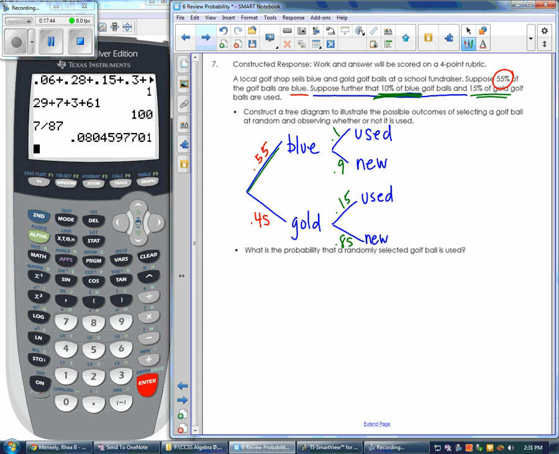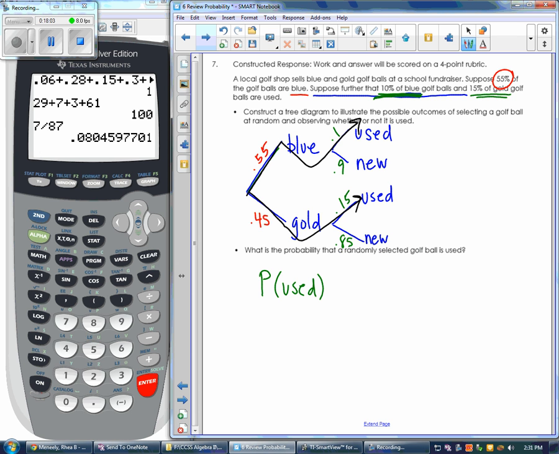So if I want to know the probability that a randomly selected golf ball is used, I've got to think about all the different ways that could happen. I could choose a blue golf ball that is used, or I could get a gold golf ball that is used. So there are two paths I can take.